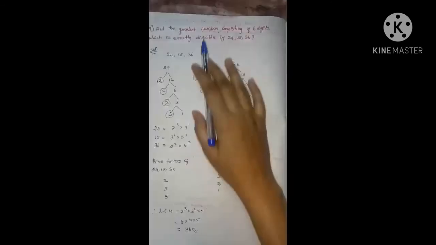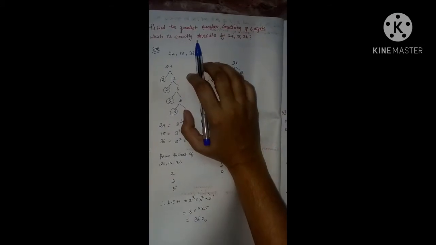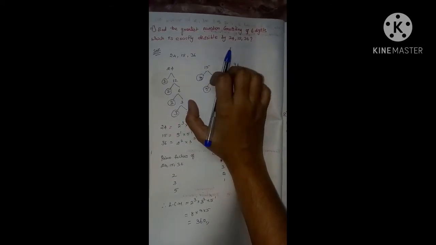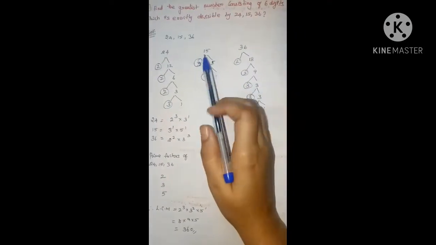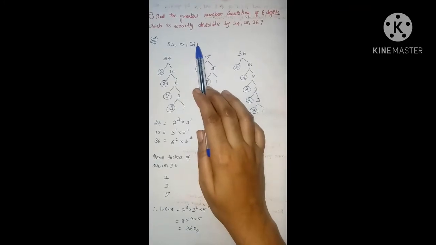Question number 7 from exercise 2.2. Listen to the question. Find the greatest number consisting of 6 digits which is exactly divisible by 24, 15 and 36. So write the numbers first, 24, 15 and 36.